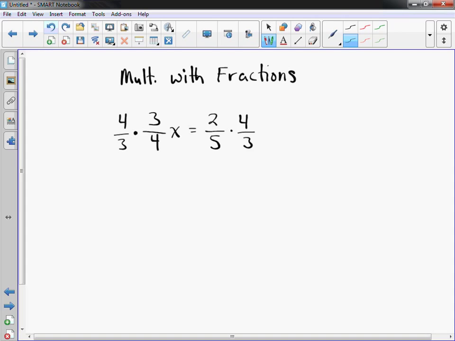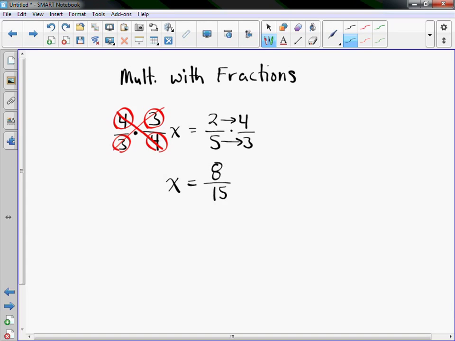Okay, and now we just look at this. We have 4 in the numerator, 4 in the denominator, so those cancel. We have a 3 in the numerator and a 3 in the denominator, so those cancel. So on the left-hand side, it leaves us with an x equals. And then on the right-hand side, we just multiply straight across. 2 times 4 is 8 over 5 times 3, which is 15.